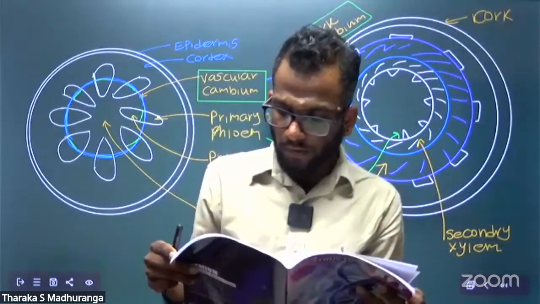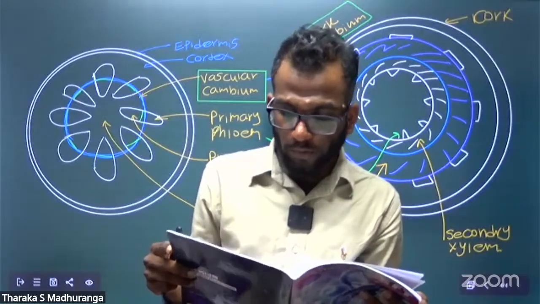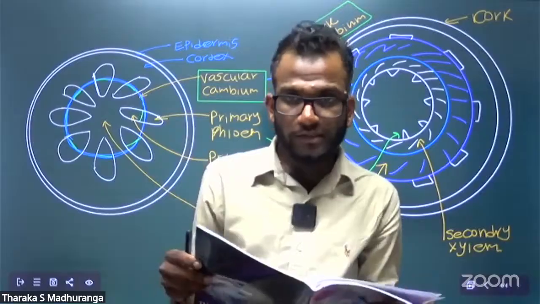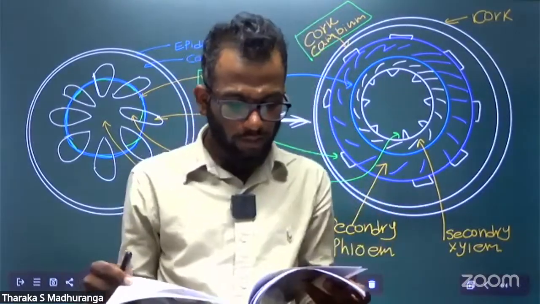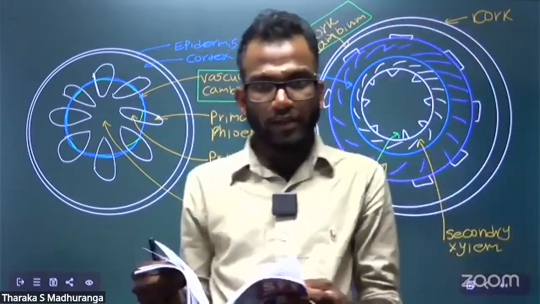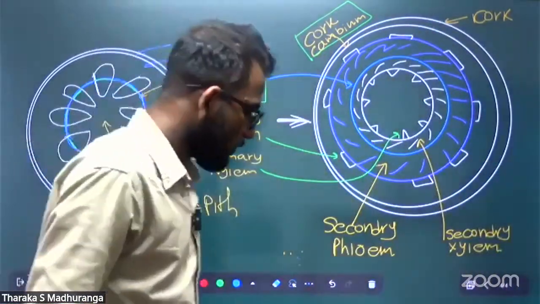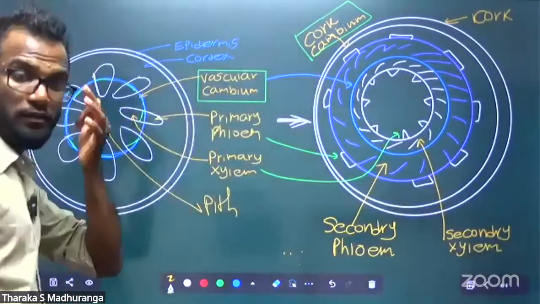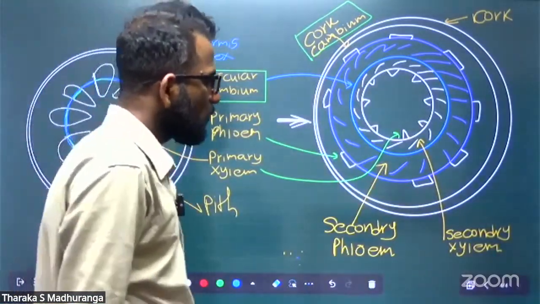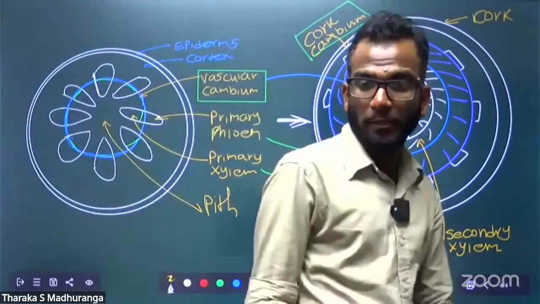These are important for protection against water loss and pathogens. For protection, it is very important. Then after the discussion, you can read the notes and get the full idea. Okay, that's all about stems.